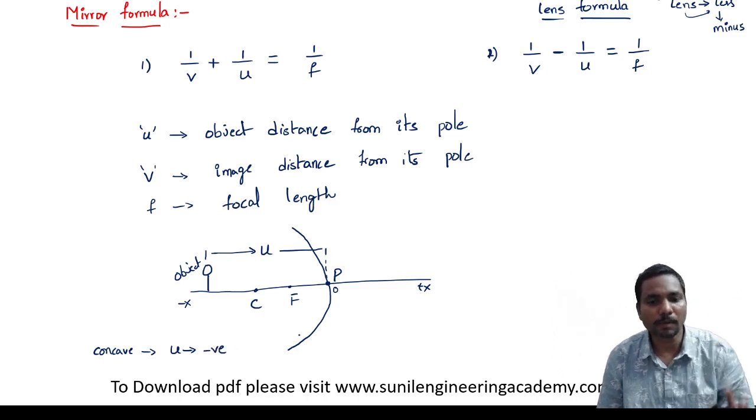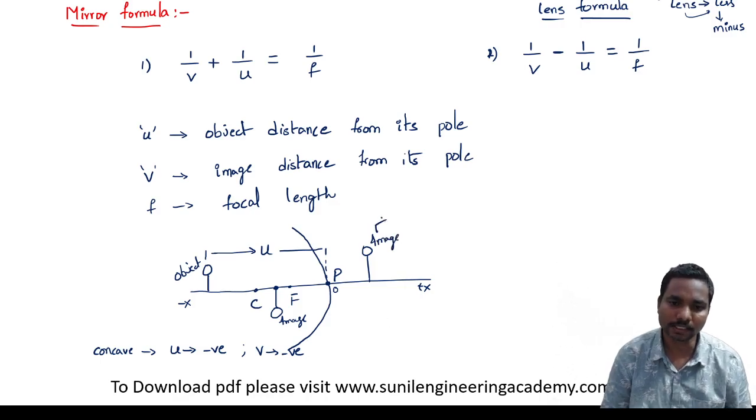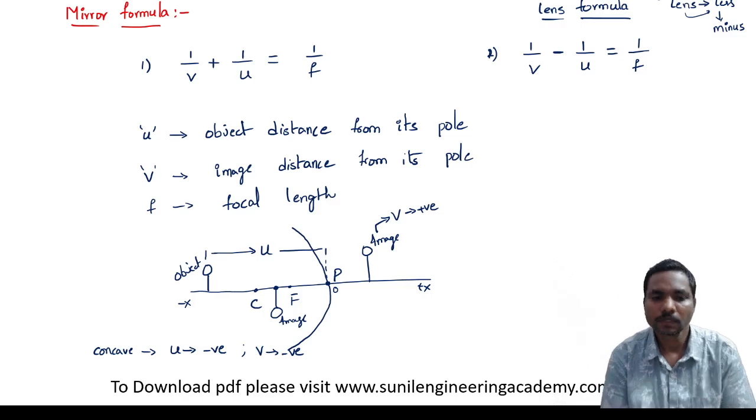If the image is formed here, in the negative x-axis, then V is negative. If the image is formed here, in the positive x-axis, then V is positive. All of you clear? If you place the object on the minus x-axis, that is the real axis, then U is negative.